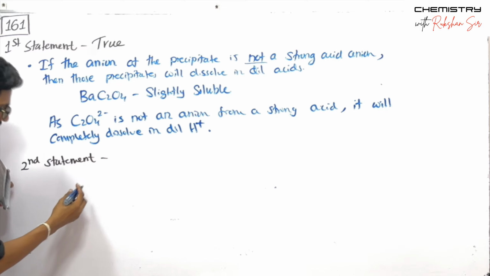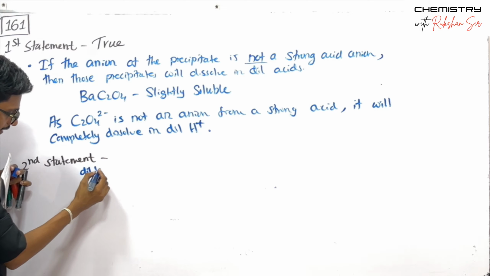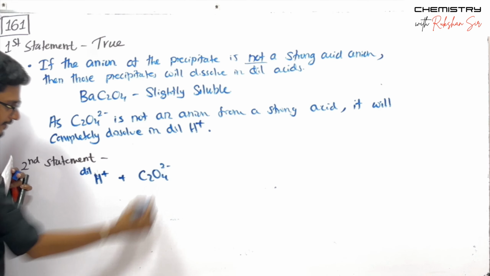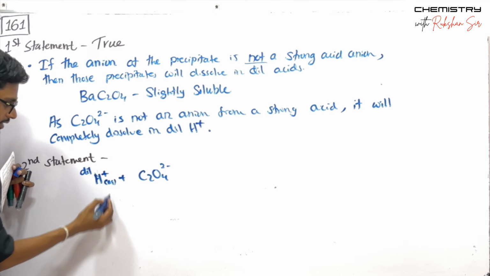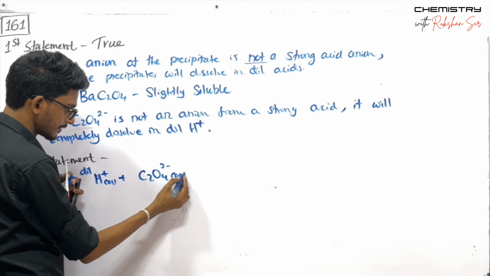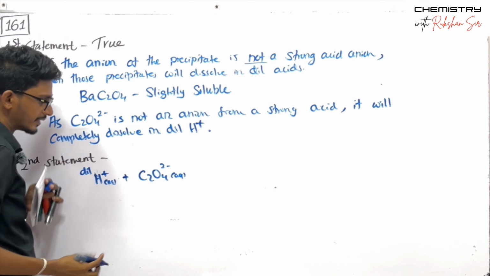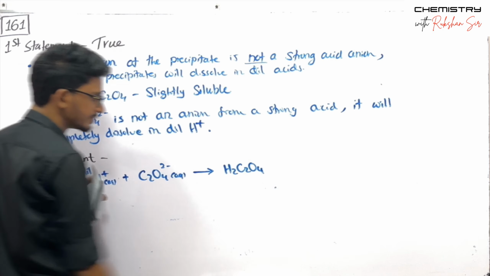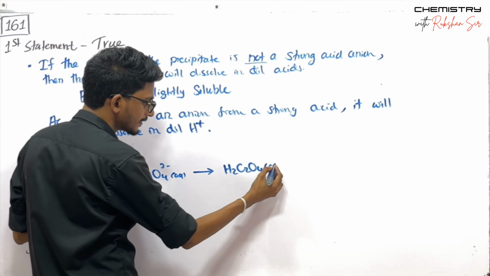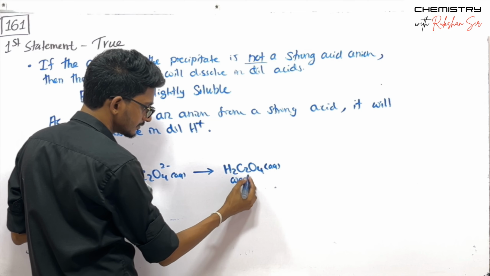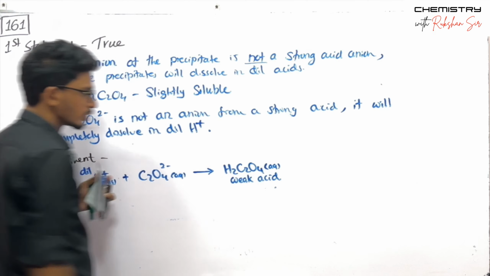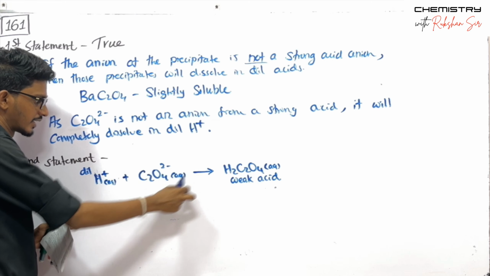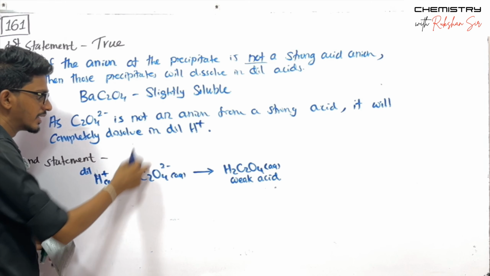So, when adding dilute H+ to the C2O4 2- ions, what happens? That will form H2C2O4, which is a weak acid. So the C2O4 2- ions from solution will be removed.